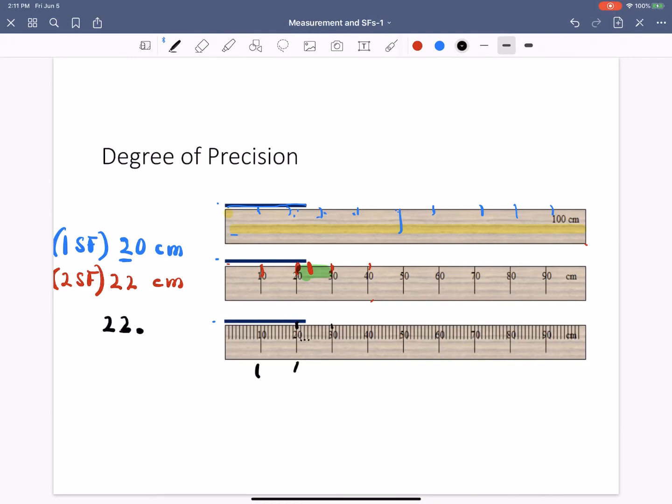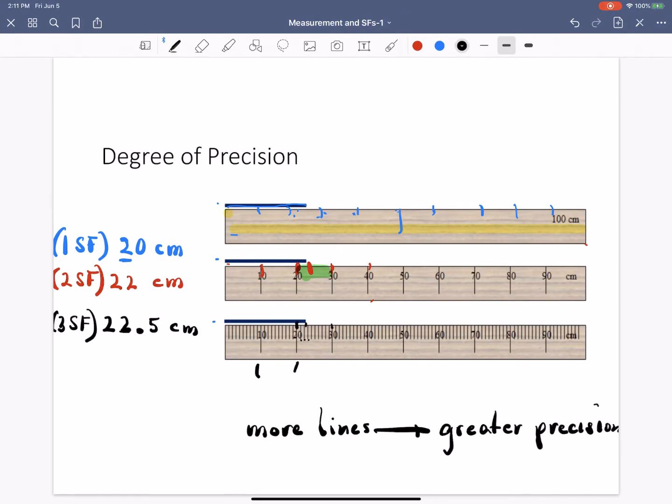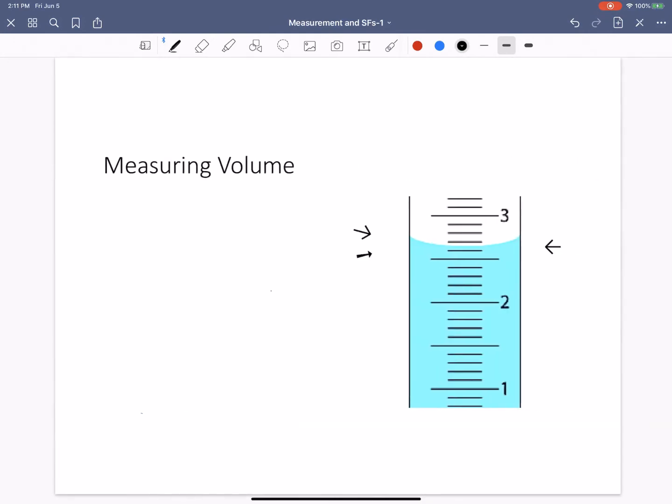And I'm going to estimate that this is halfway between 22 and 23. And so it's 5/10 of the way from 22 to 23. This measurement has 3 sig figs. More lines means greater precision.